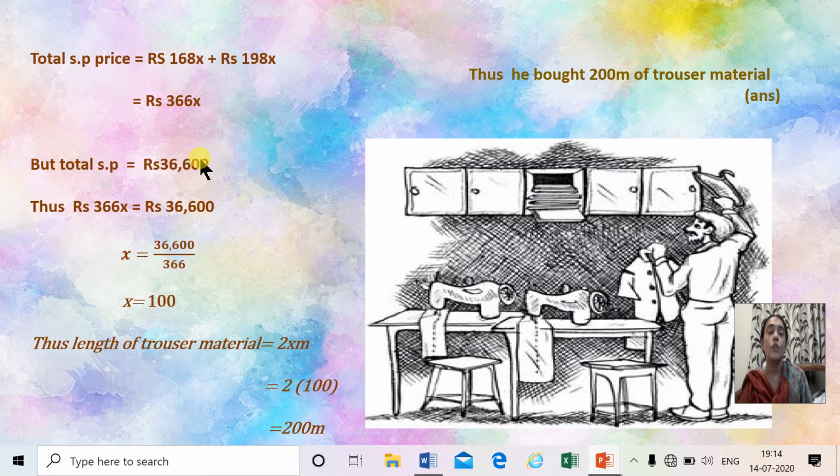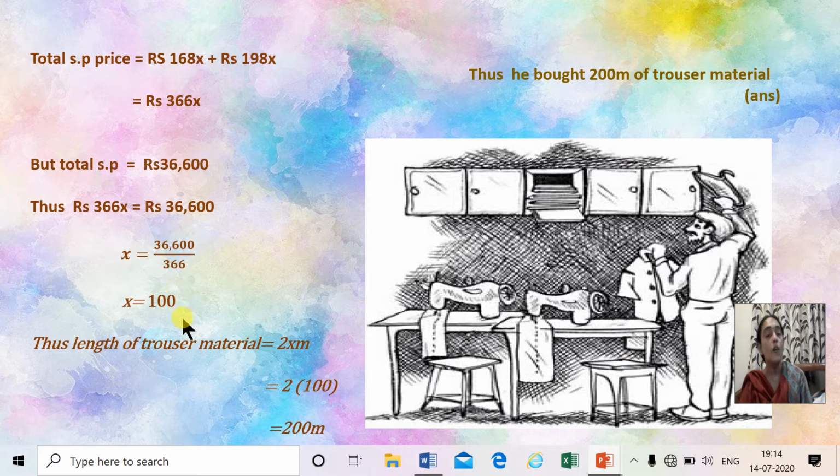So let us equate. Thus rupees 366x is equal to rupees 36,600. So x is equal to 36,600 upon 366. So 366 ones are 366, and there are 2 zeros there already. So x is equal to 100.